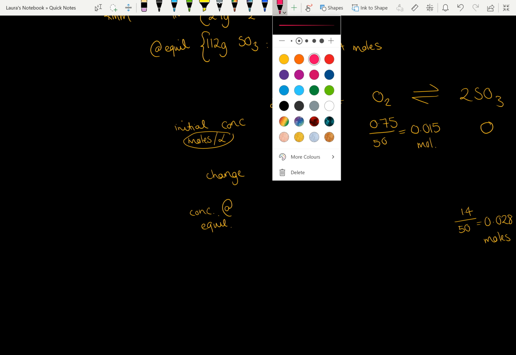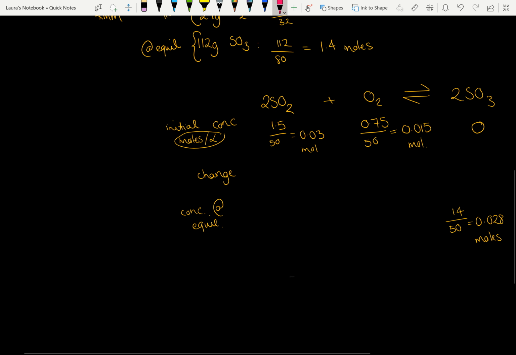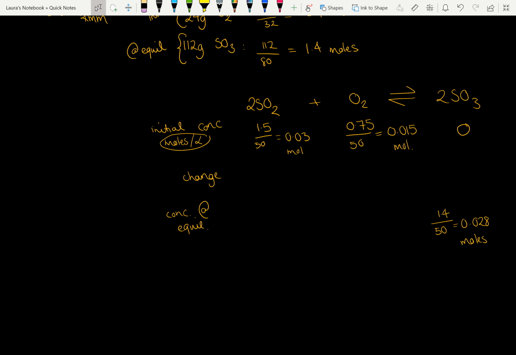Now that I've filled in everything we were told in the question, let's fill in the rest of this table, working backwards this time from the concentration of the sulfur trioxide. If we've got 0.028 and we started off at 0, we've had a change of plus 0.028 moles of the sulfur trioxide.